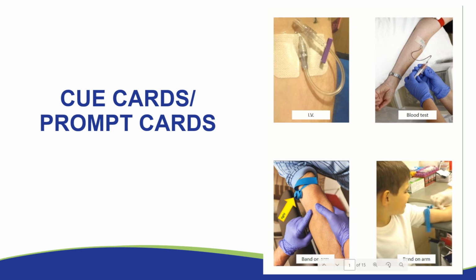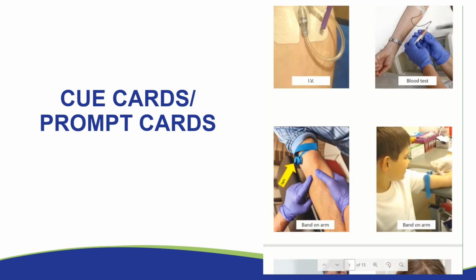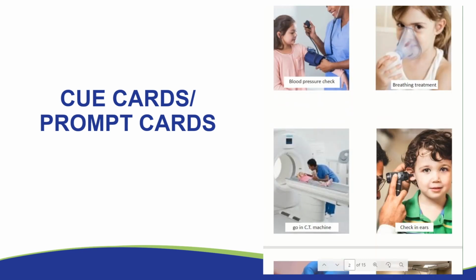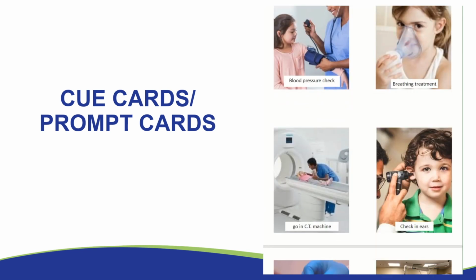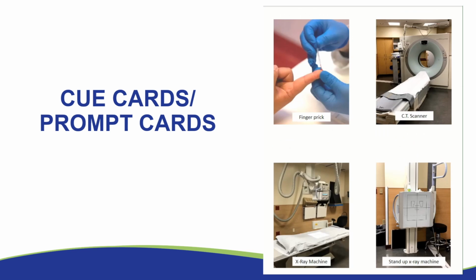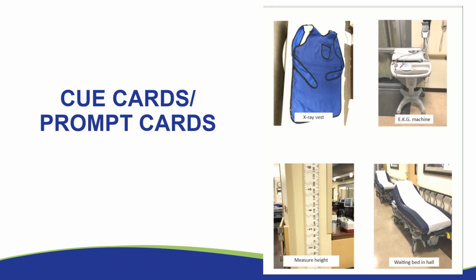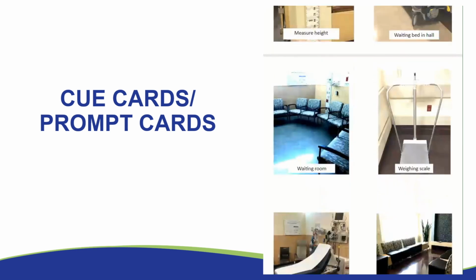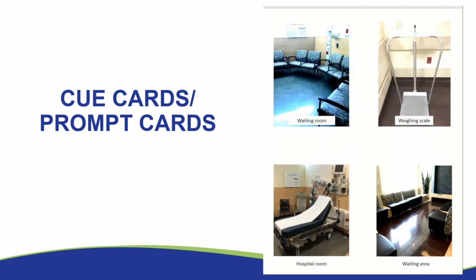They would just flip through it and say, okay, radiology, we're going to radiology now. They would show all the things that radiology was going to do: they had to put the vest on, this is where you're going to go, and you're going to lay on that table. So it did that priming that cool little room did at the beginning with the videos. It just did it in a low-tech version, explaining a little bit about what it looks like and what it feels like.